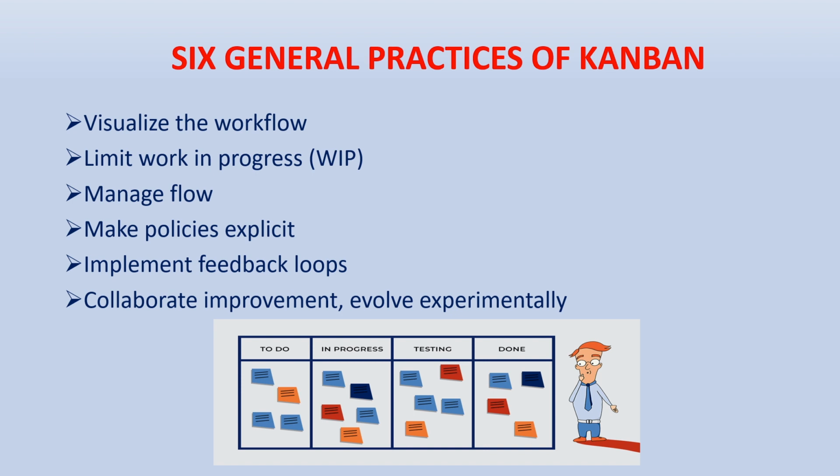That means we do not have to start everything, but it is very important in Kanban to complete. So that's why we have this limit work in progress, which will put a limit on in progress. It means at a given time, we can have just 5 tasks or whatever, depending on the organization or the project.